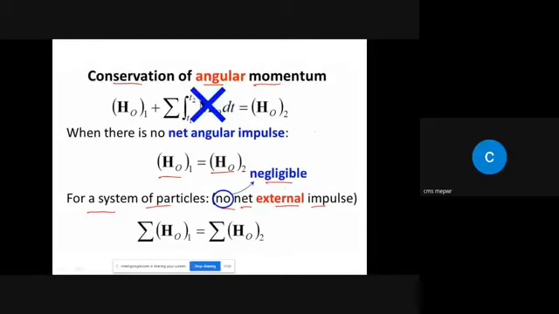So for a system of particles, the summation of all angular momentum before should be equal to the summation of all angular momentum after the process.